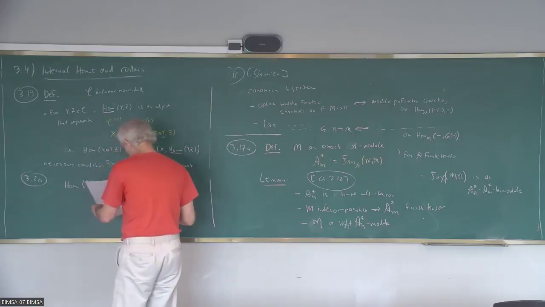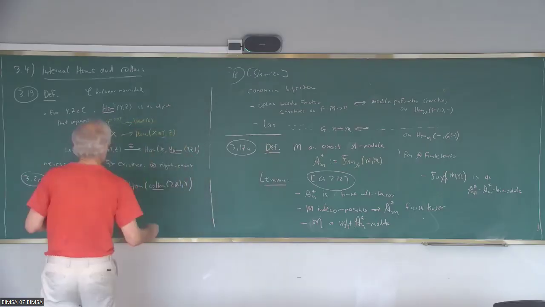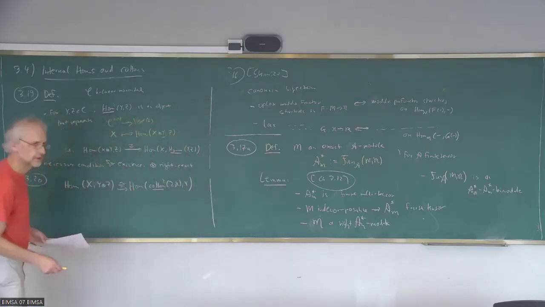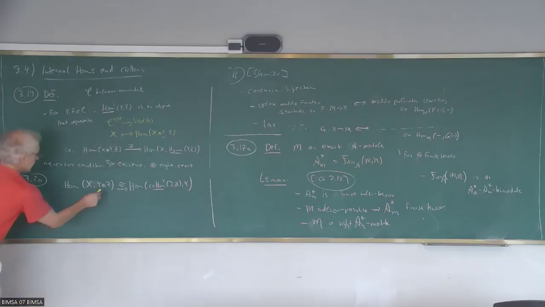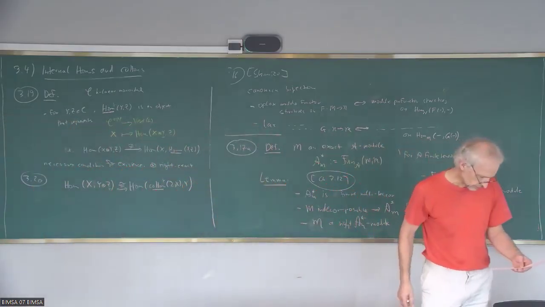Now I have to be careful that X and Y, where this would correspond to the right internal coHom, and again there is a corresponding left internal coHom because I have taken X to the left hand side.